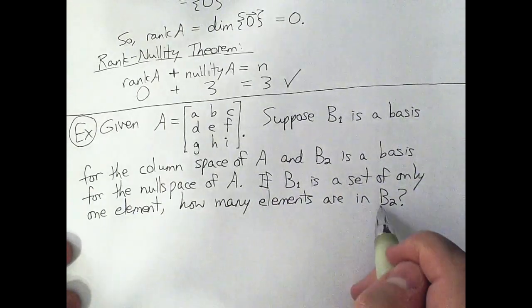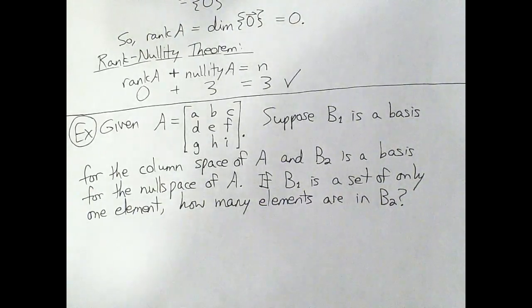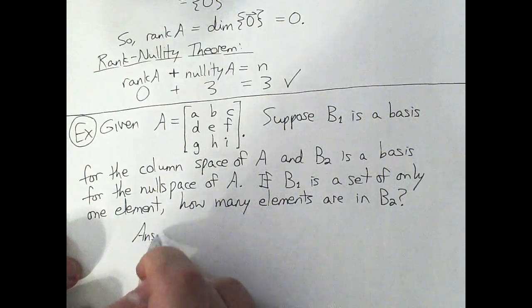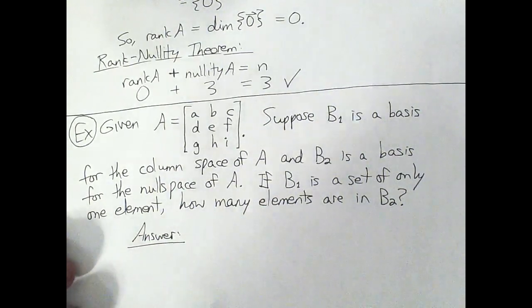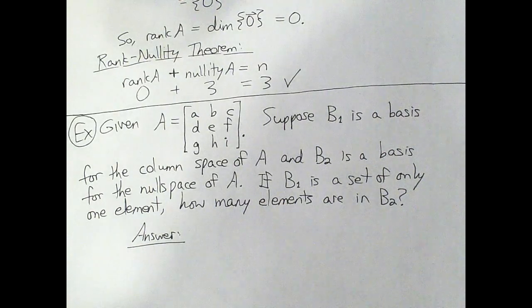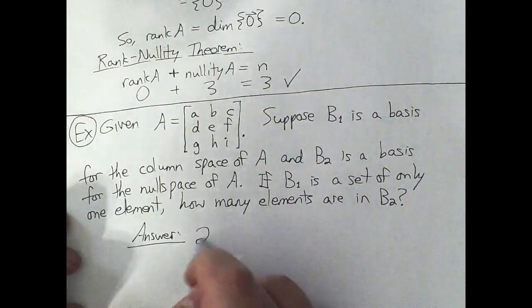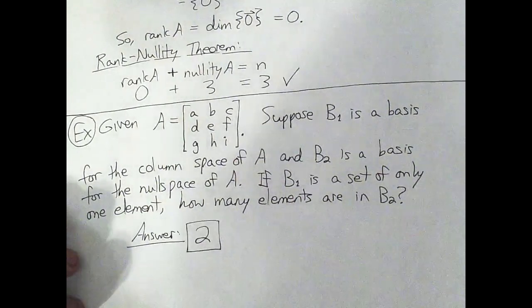I'm just going to ask you to take a few seconds to write this down and then take a few seconds to think about the answer. I think this problem takes longer to write than it does to answer, right? The answer has to be 2 by the rank nullity theorem.